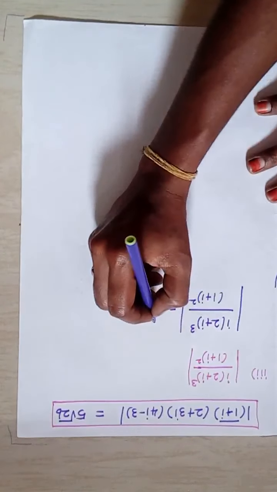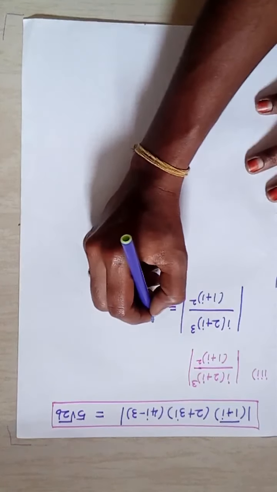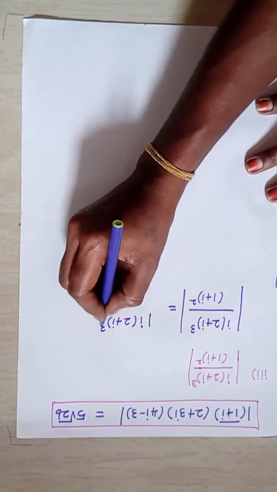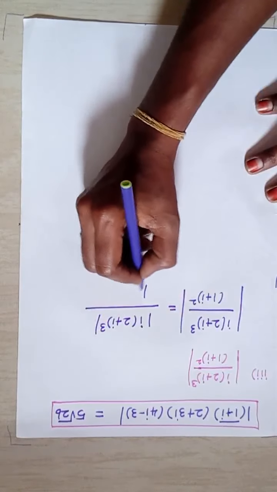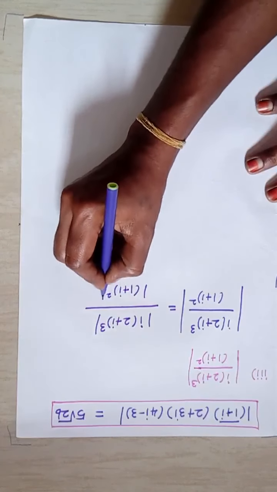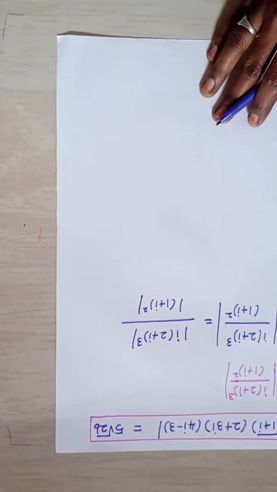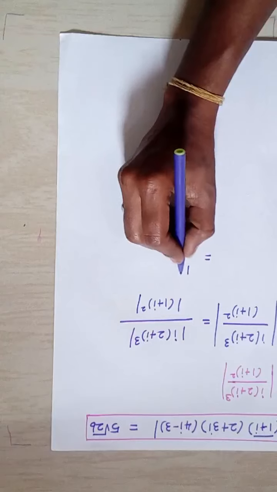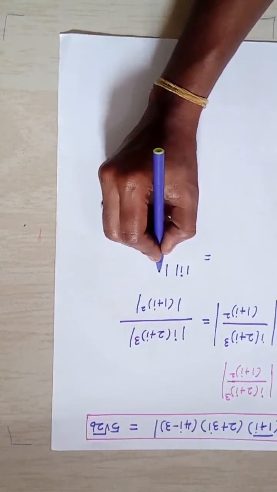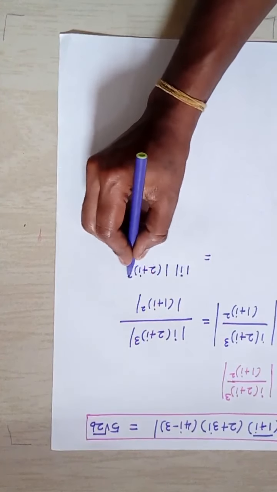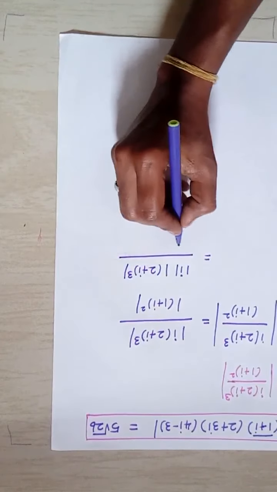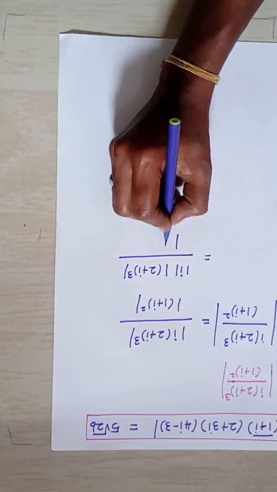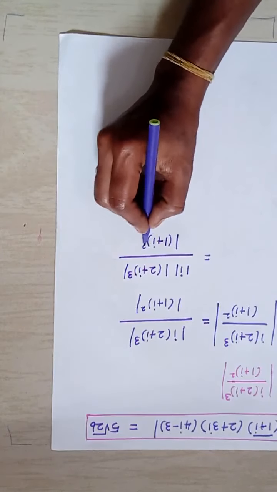so write the modulus separately. Modulus of i into 2 plus i the whole cube divided by modulus of 1 plus i the whole square. Now write separate modulus here: modulus of i into modulus of 2 plus i the whole cube, divided by modulus of 1 plus i the whole square.